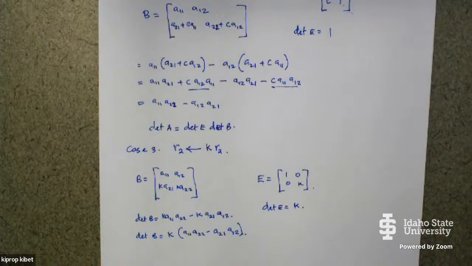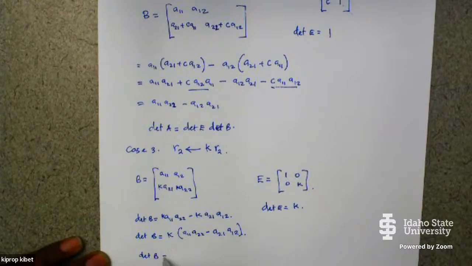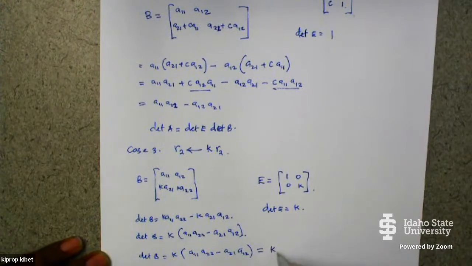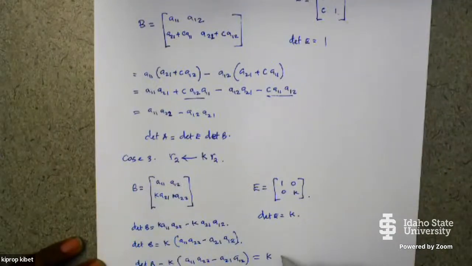So it means that the determinant of B is K times A11 A22 minus A21 A12, which is equal to the determinant of E, which is K. The determinant of A is what? The determinant of A is A11 A22 minus A21 A12.